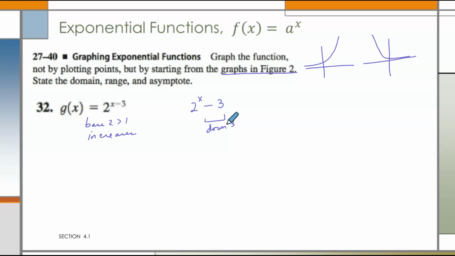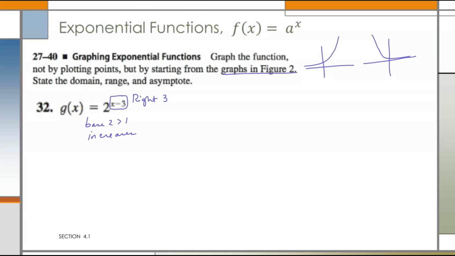But that's not what we were given. We were given x minus 3 in the exponent. Okay, so if this meant down 3, what do you remember that this meant for transformations? That meant right 3 units.